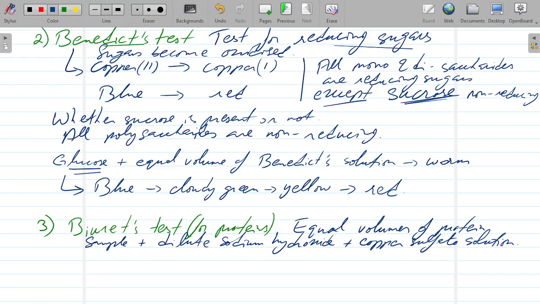If there is protein present, you will notice that the color will change from blue to purple. And that means protein is present.